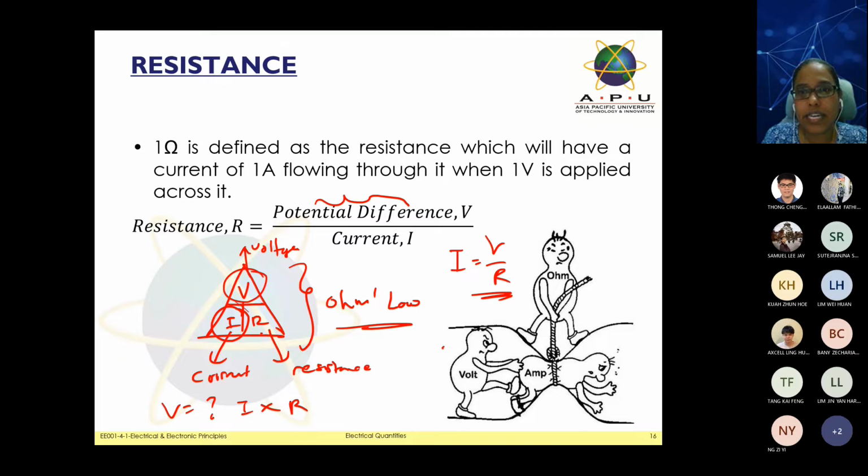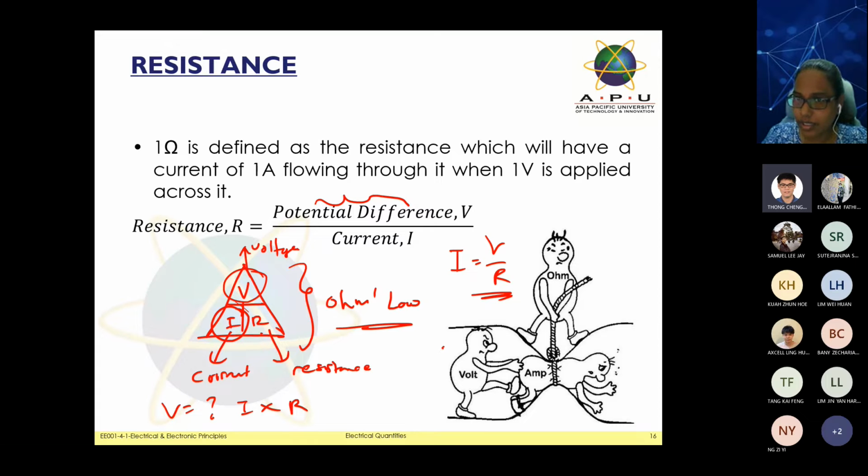Okay. Anyone, any try based on your diagram here? Miss, can I try? Yes, of course. I think as the ohms increase, the voltage also increases, trying to push the amperes across the whole.